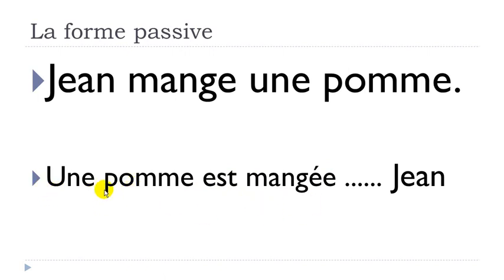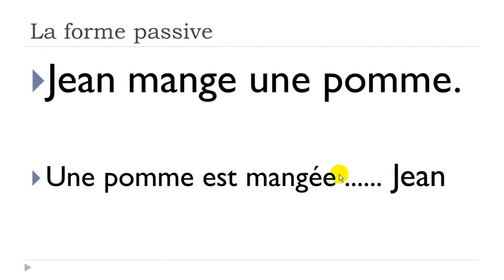In that case, une pomme, an apple, you can see here that it's feminine. So we will add the mark of the feminine. Okay, so une pomme est mangée Jean.